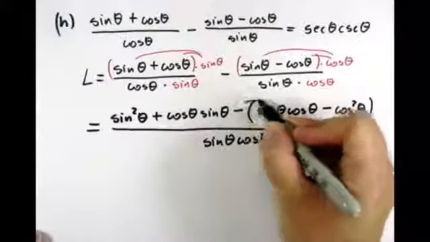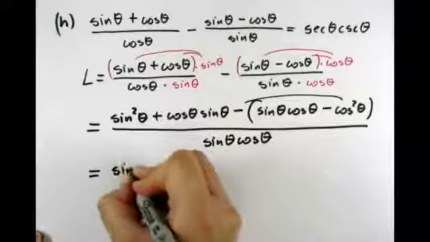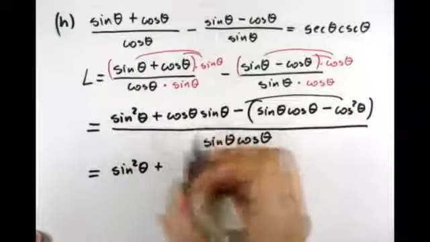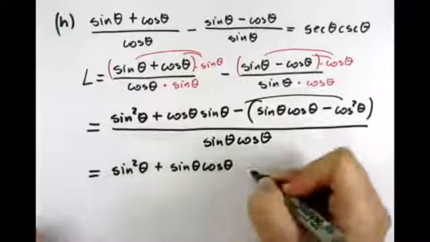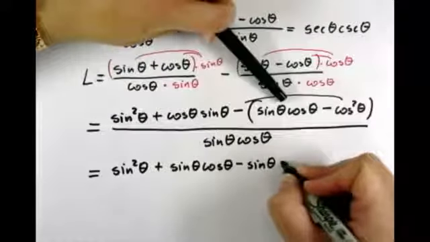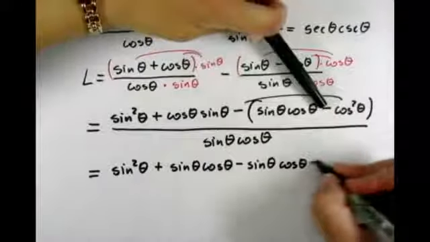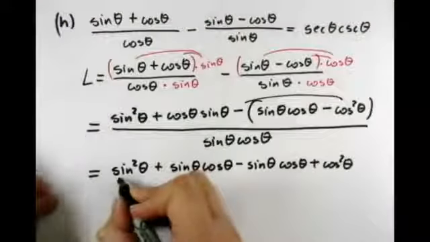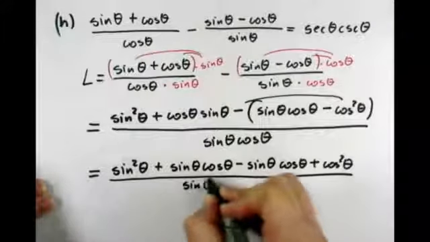Now we do need to distribute the minus, so this is equal to sine square theta plus, I'm going to switch the order, sine theta cos theta, and then I have minus sine theta cos theta, and then I have minus and minus plus cos square theta, all over sine theta cos theta.